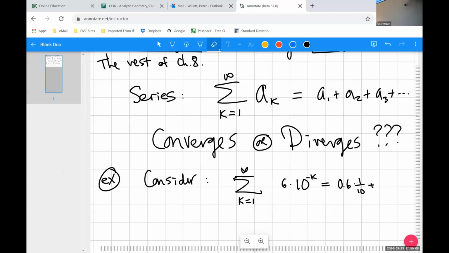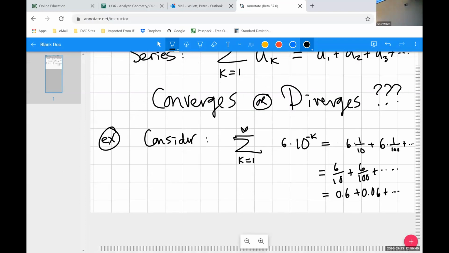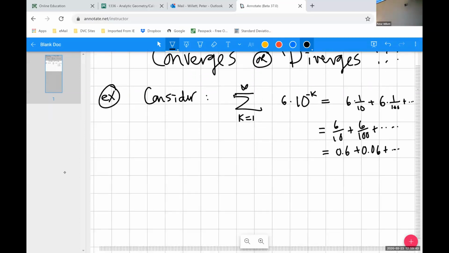So there we go. We have 6 times 1/10 plus 6 times 10 to the minus 2, which would be 1/100th, etc. And if I wrote this as a decimal, you could see this is 6/10 plus 6/100ths, or 0.6 plus 0.06, etc. Even in series notation it looks a little uncomfortable, but we could recognize this pretty quickly.